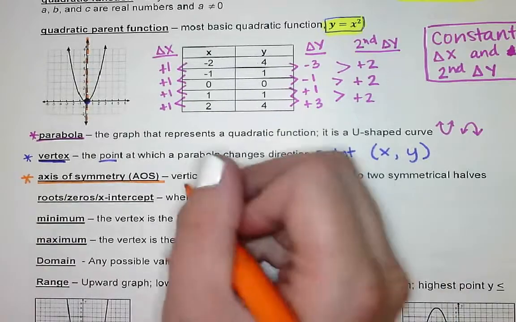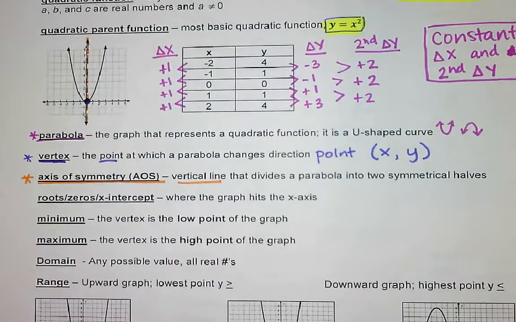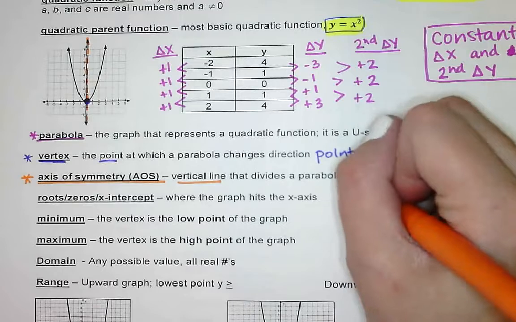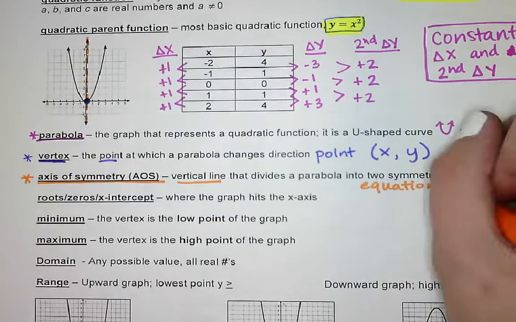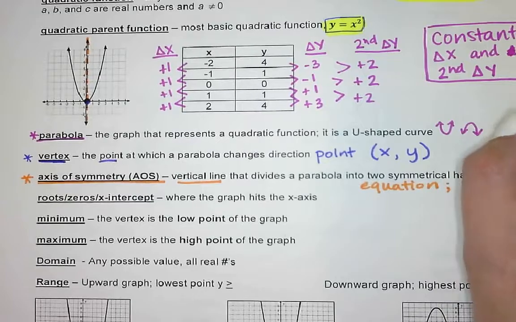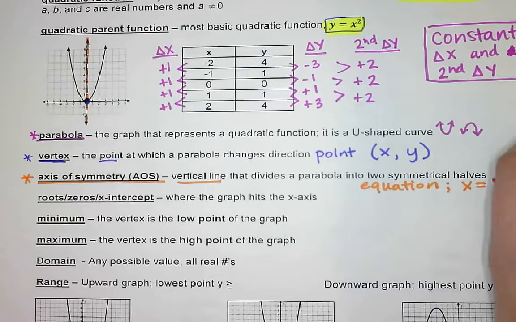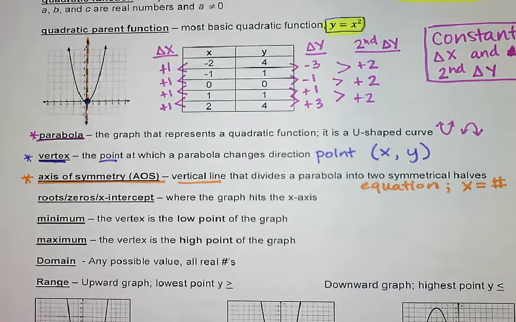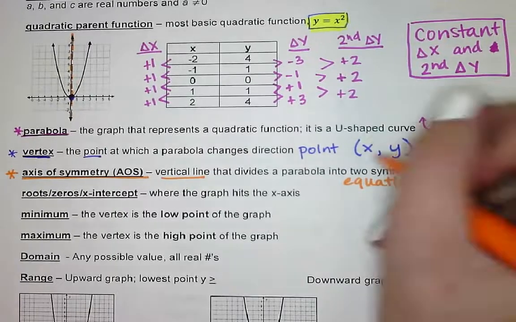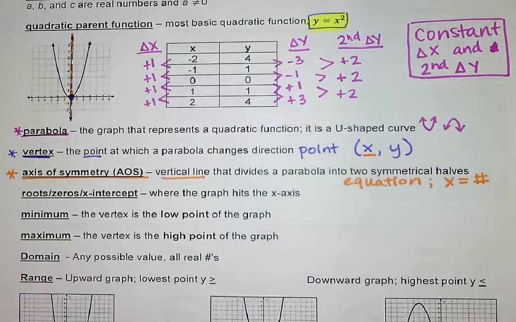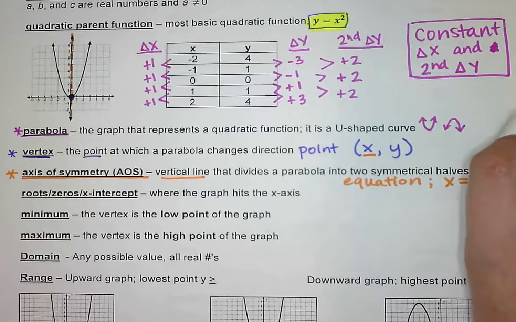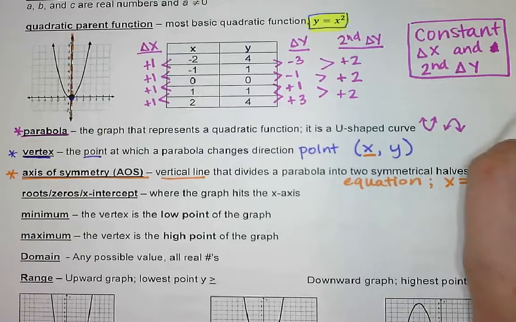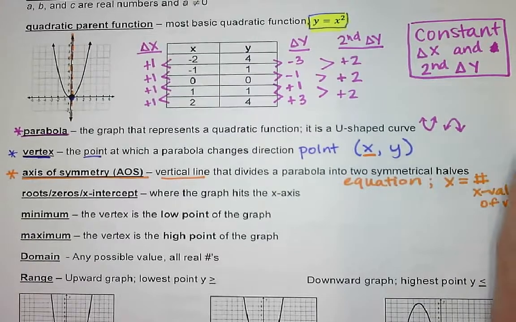And y'all, this is really important. Your axis of symmetry, it's an equation. All right, y'all? And the equation looks like x equals a number. And the number that it's equal to is the x value of the vertex. Okay? So that would be the x value of the vertex. All right, guys?